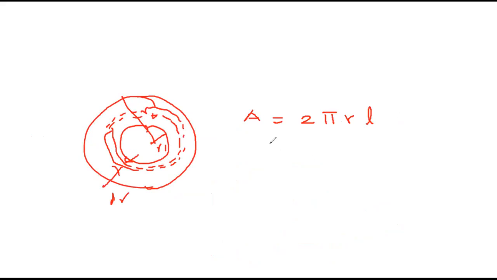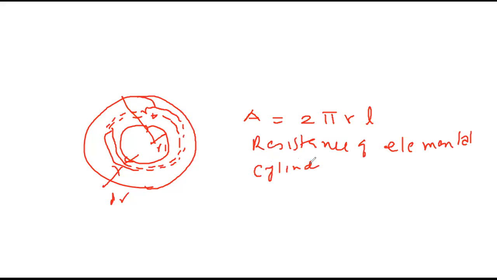So if I consider resistance of elemental cylinder whose thickness is dr, rho is same, its distance through which it is moving is dr, and area is 2 pi rl.